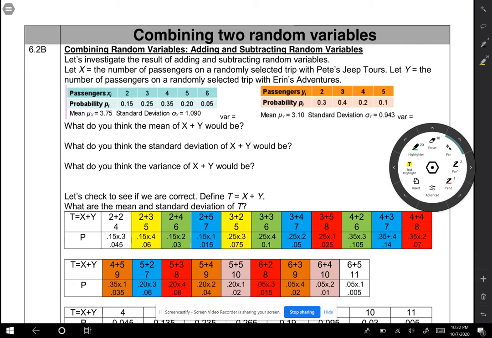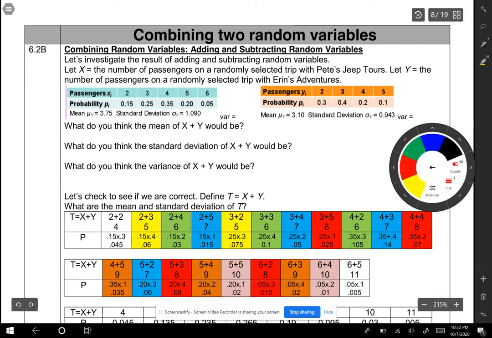What do you think the mean of X plus Y would be? Most people would just think that you would add those, so that's what we're going to assume. The mean of X plus the mean of Y equals 3.75 plus 3.10, which is 6.85.